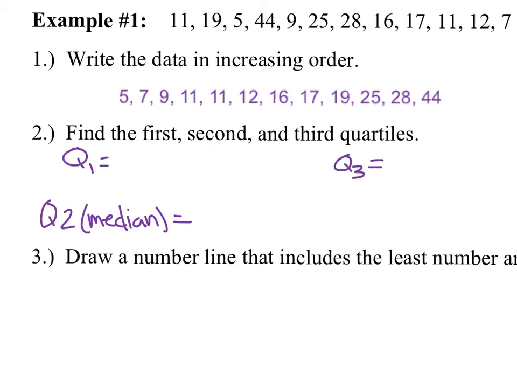So I always think it's easiest to start with the median first. So find the middle value of your data. If we have 12 data values, it's not going to fall on one number perfectly.